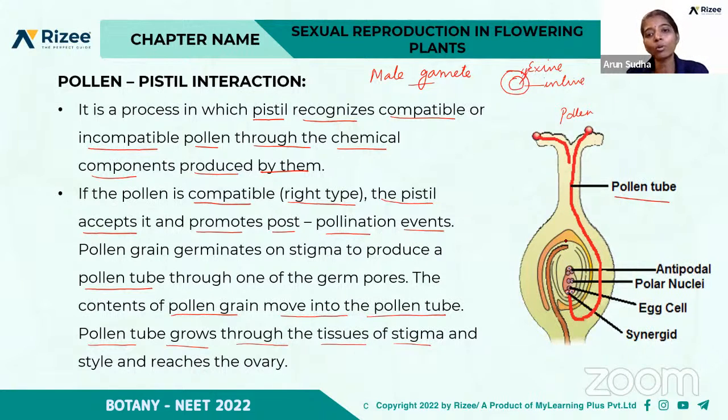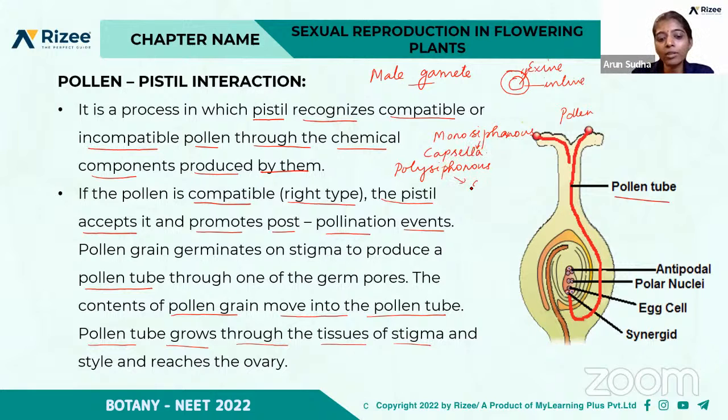There are two types based on the number of pollen tubes that are formed: monosiphonous and polysiphonous. Monosiphonous means only one pollen tube is formed, for example Capsella.